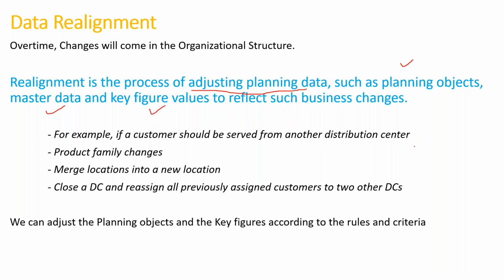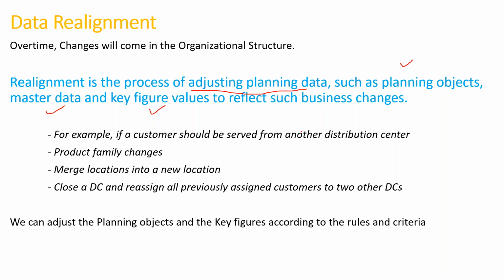And what could those business changes be? For example, if a customer should be served from another distribution center. Say DC1, DC2, and DC3 are supplying one customer, and later we take a decision to replace all three DCs with one regional DC. That is a change coming in. So now we want to change all our master data and key figure data.